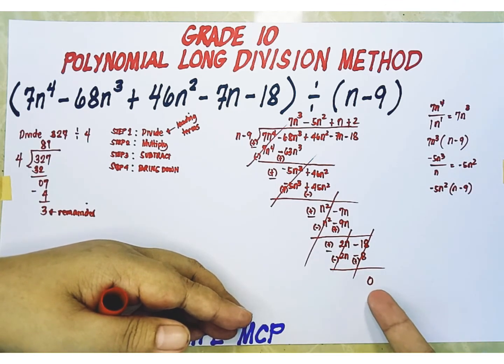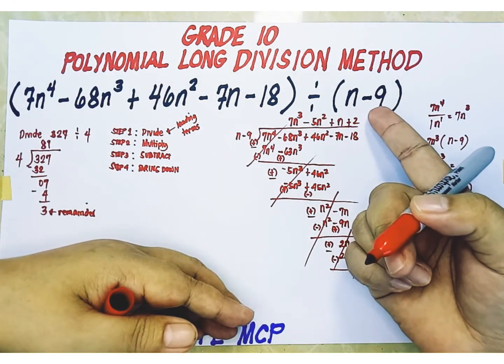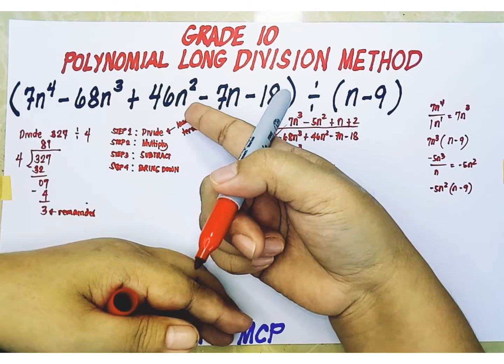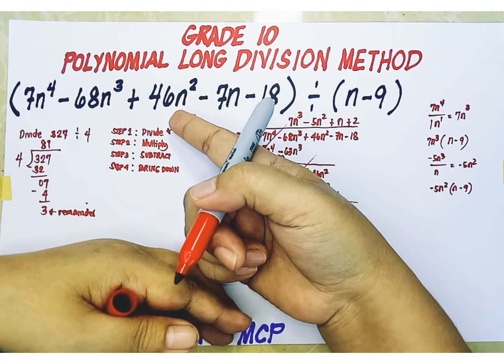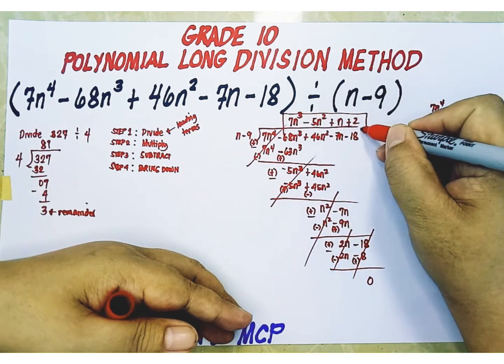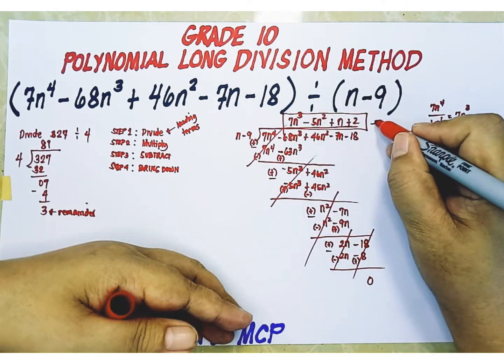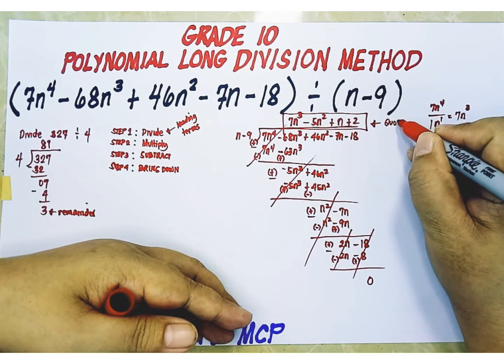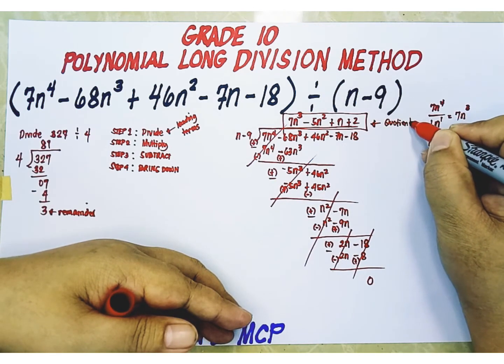Since the remainder is 0, that means the divisor is actually a factor of this polynomial. Okay? So our quotient is 7n cubed minus 5n squared plus n plus 2. This is the answer.